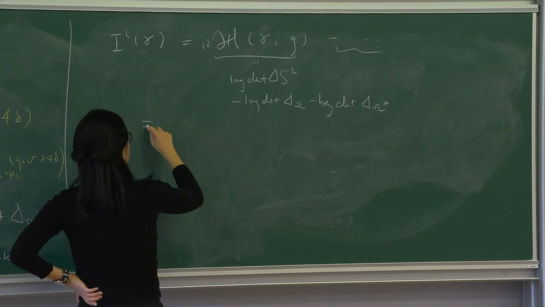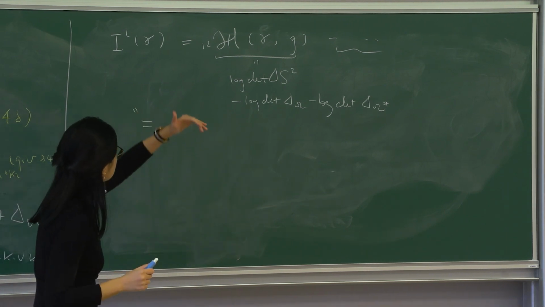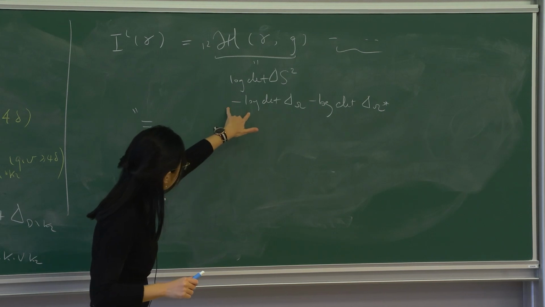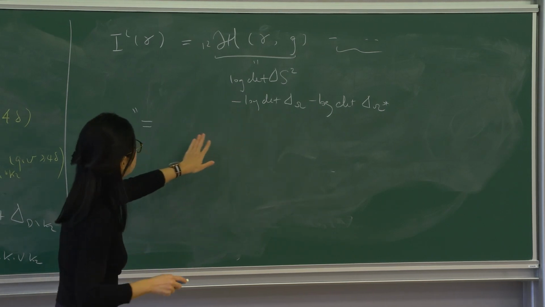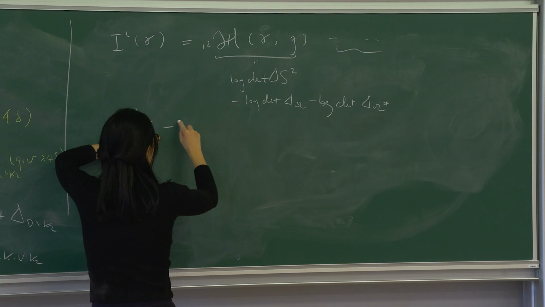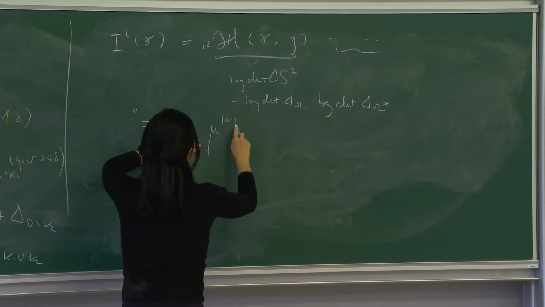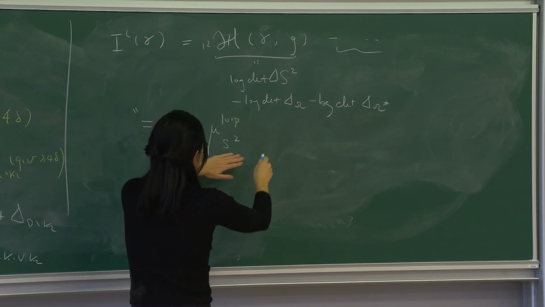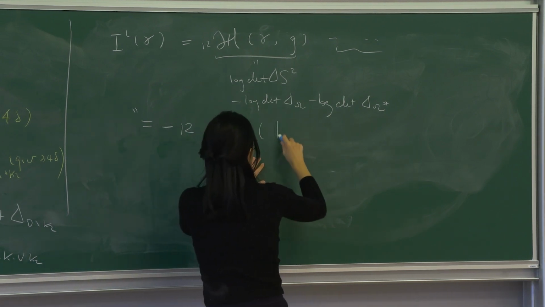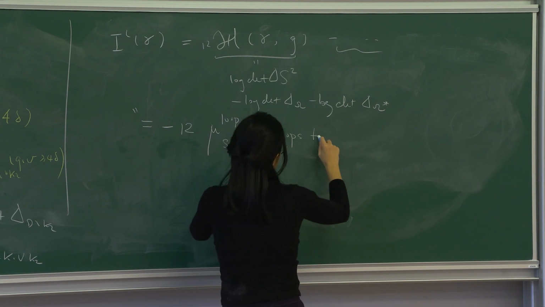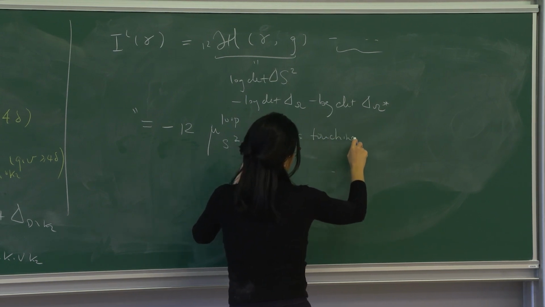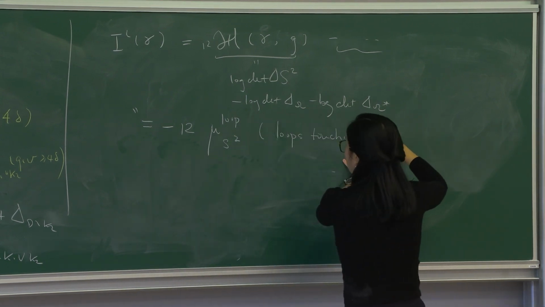So this can be interpreted, if we interpret log det minus log det as total mass of Brownian loop measure, as minus 12 times the Brownian loop measure on the sphere, loops touching gamma.